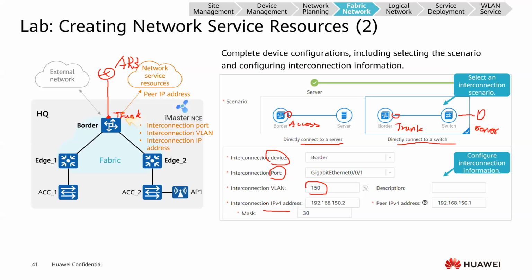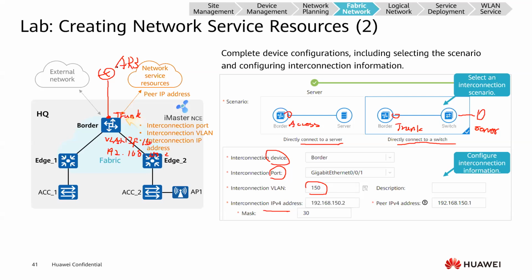So after this, it will create a VLANIF 152 with the IP address 192.168.150.2, and then it will create a static route bound with the network service resources VIF, with the destination of the service IP address.